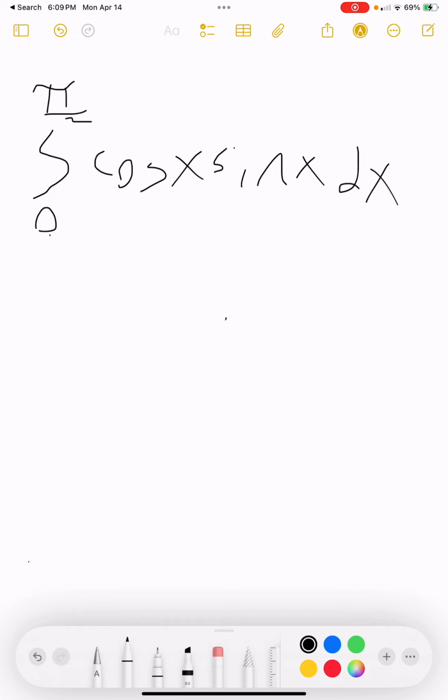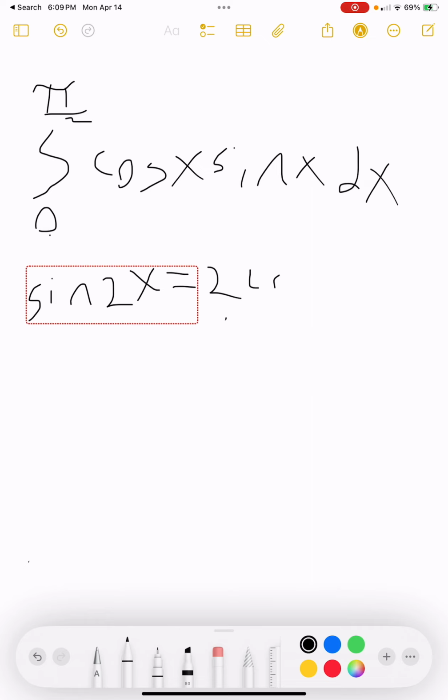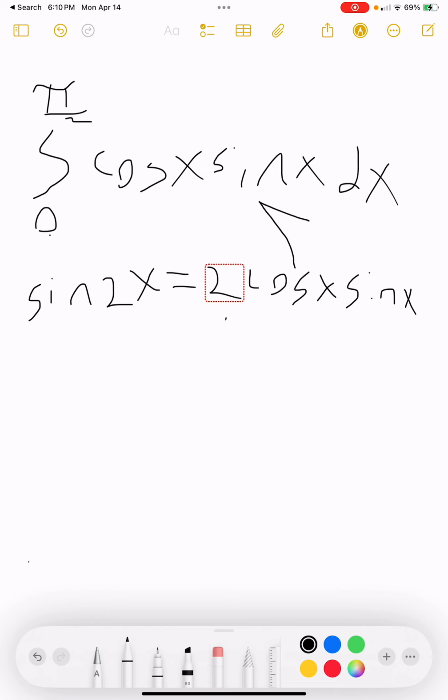But how I did it is I said, oh, let's look back to trig. We know that sine of 2x is equal to 2 cosine x sine x. Alright? So, using this, well, this looks similar to this, right? So what I did is I said, let's multiply both sides by half.